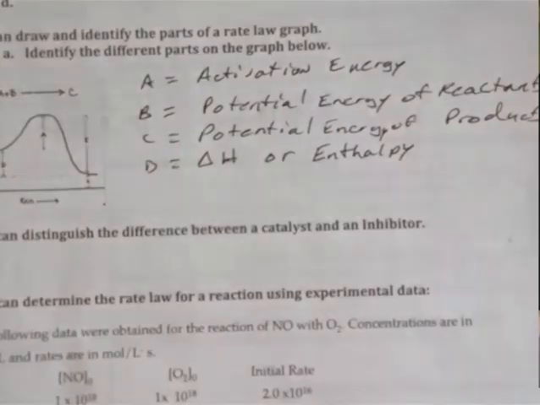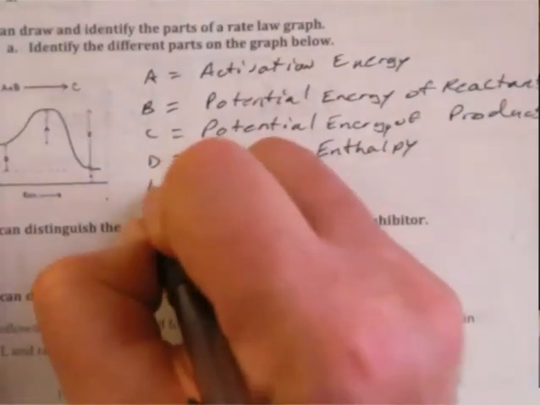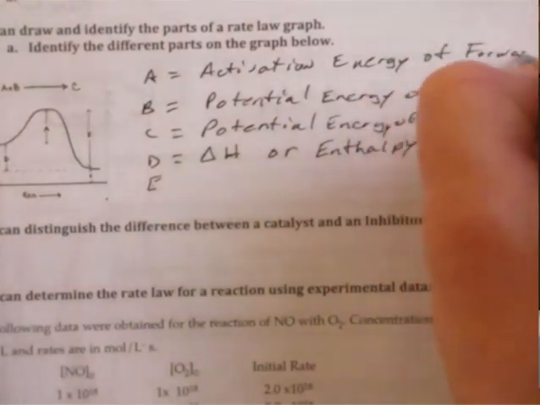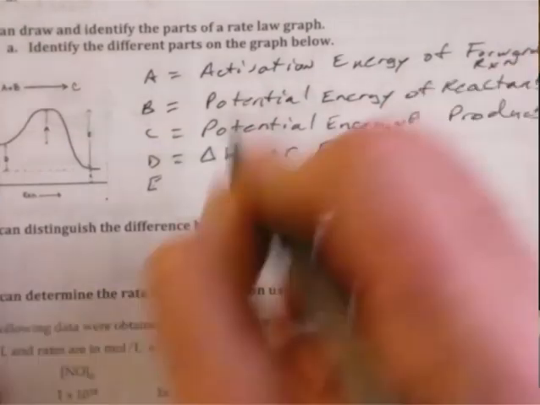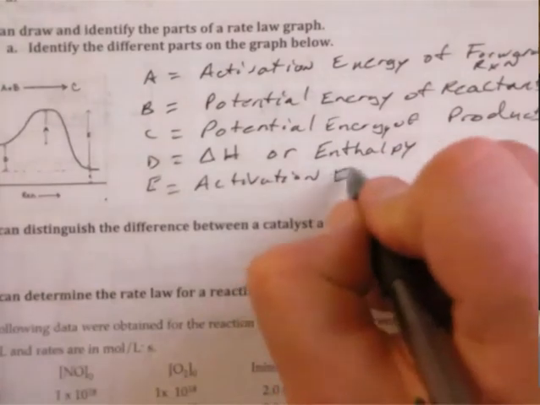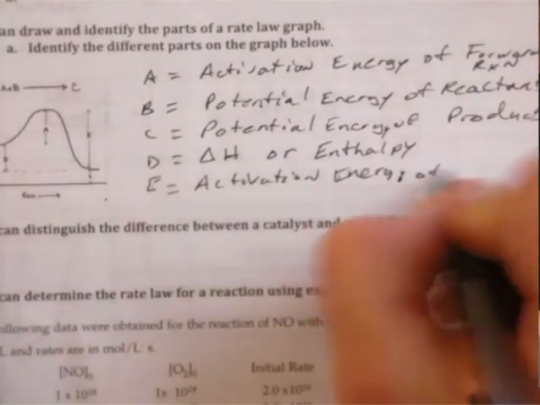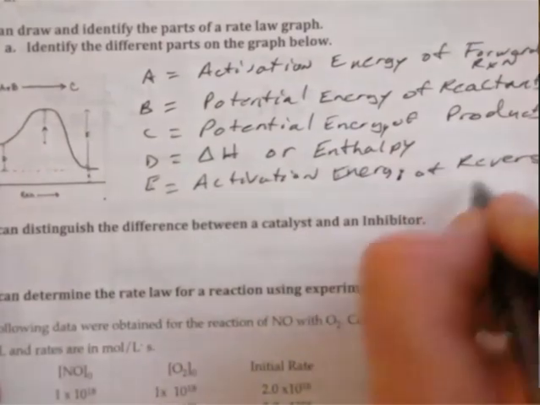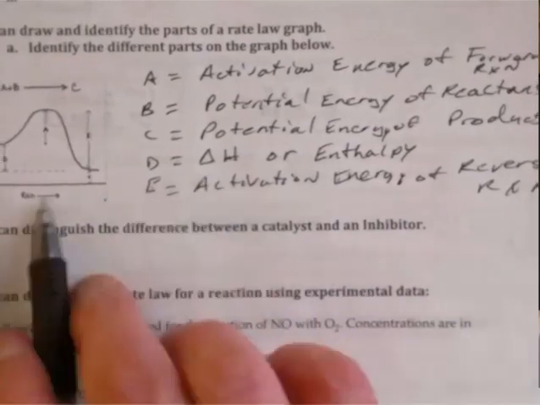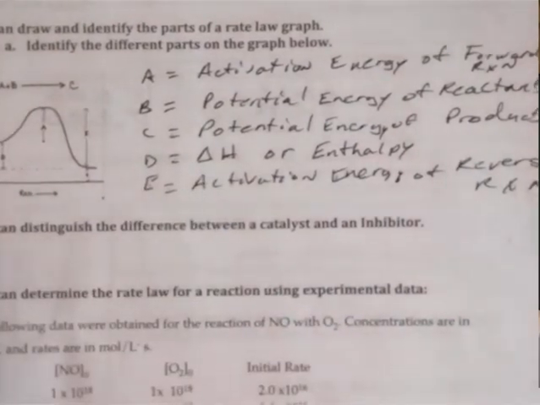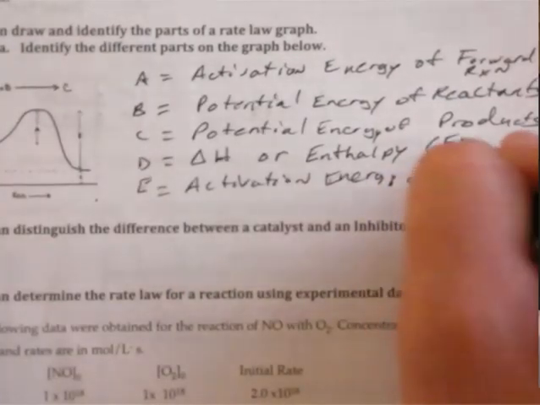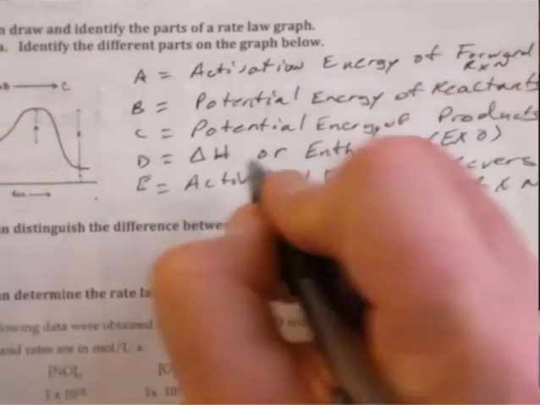E is the activation energy of the reverse reaction. Is this endothermic or exothermic? Exothermic. It's lost energy. Delta H is negative.